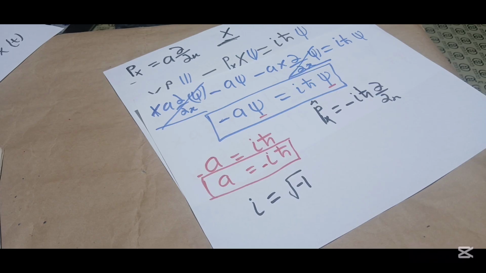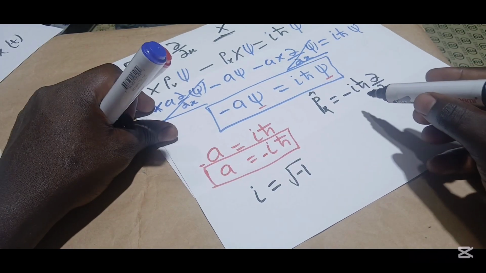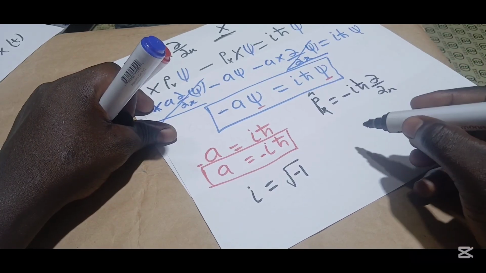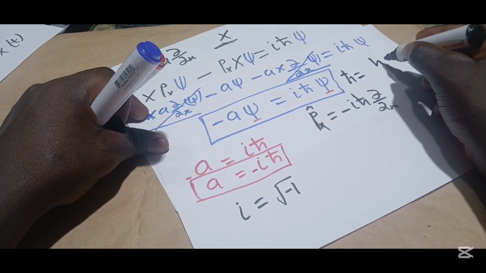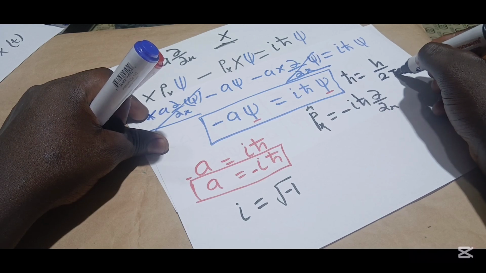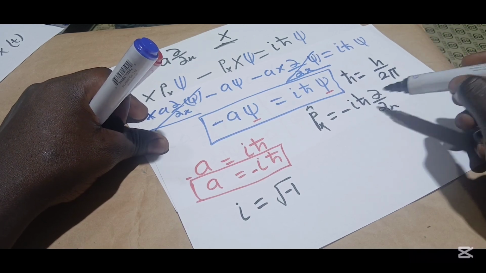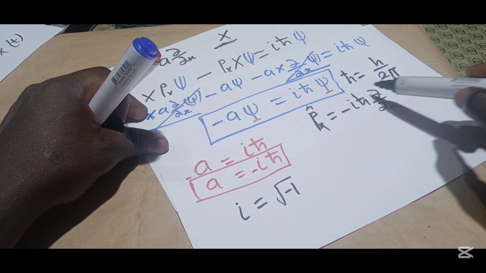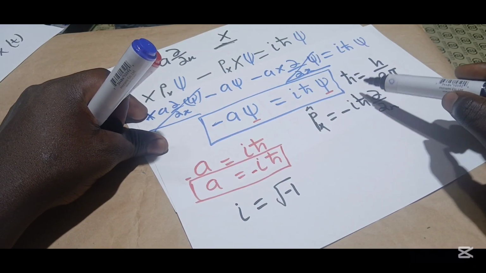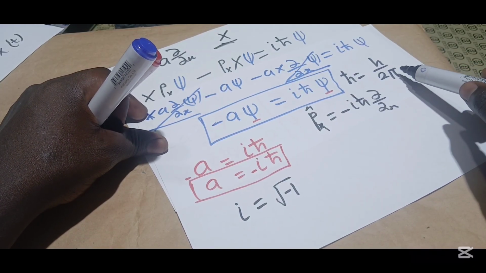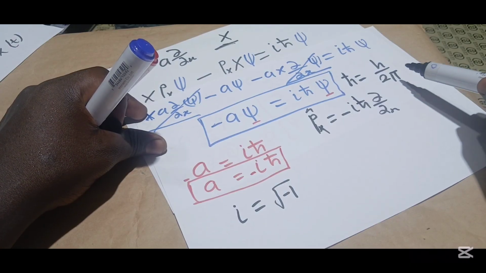The reduced Planck constant, h cross, is equal to the Planck constant divided by 2 pi. So in this case, you might have different forms of this same operator. That is, the h cross can be replaced by h over 2 pi in some places.